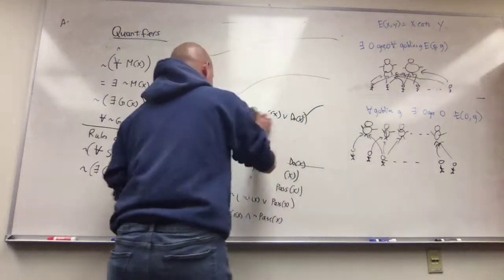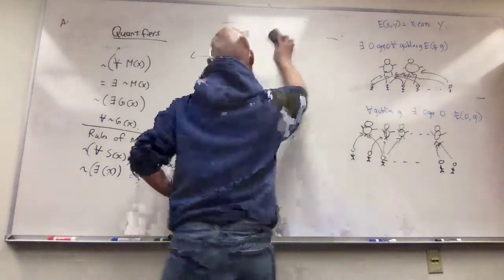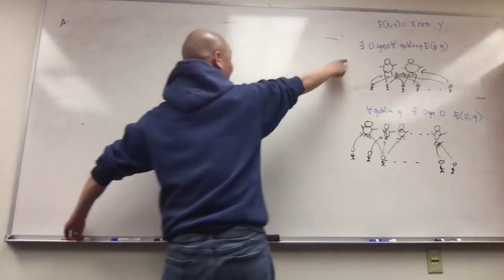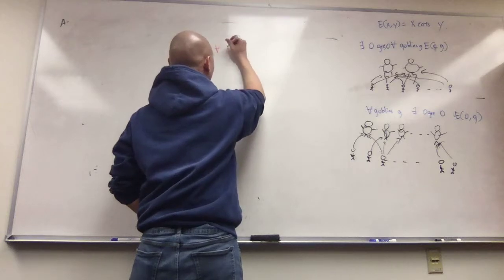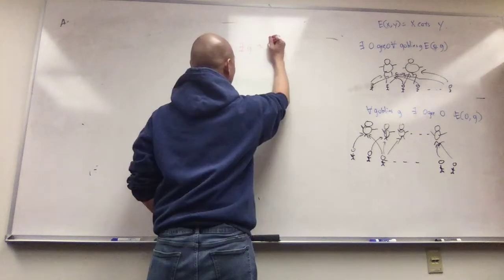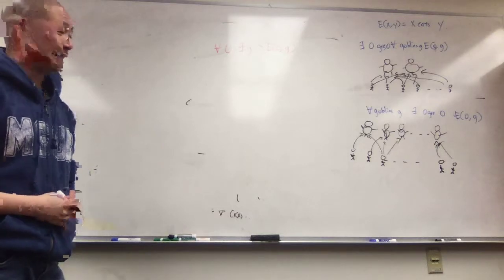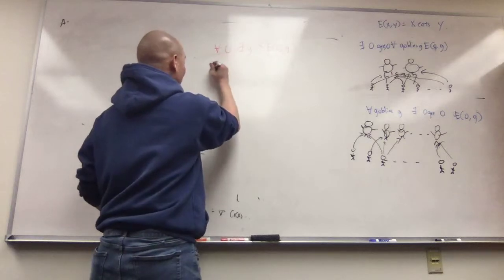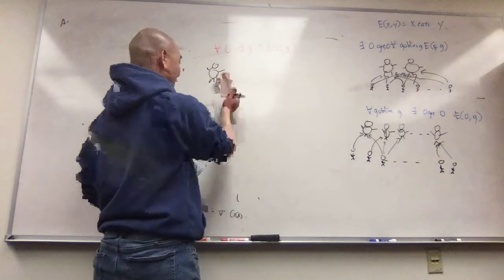Now, what would these things look like if they're negated? If I were to negate this statement, I would say for all ogres, there exists a goblin so that that ogre doesn't eat that goblin. And so again, following the lines here, for every ogre, I pick an ogre, it finds a goblin down here so that they're friends.